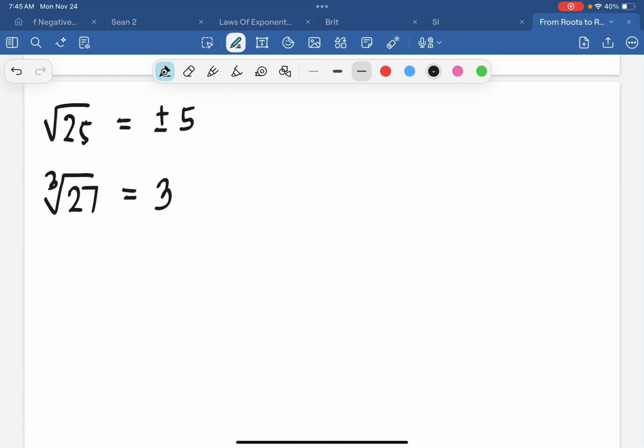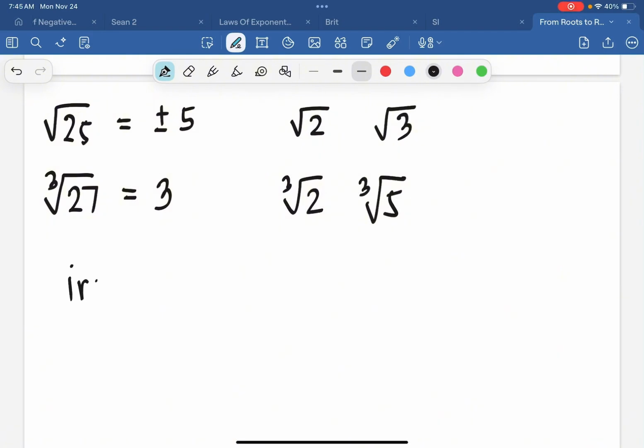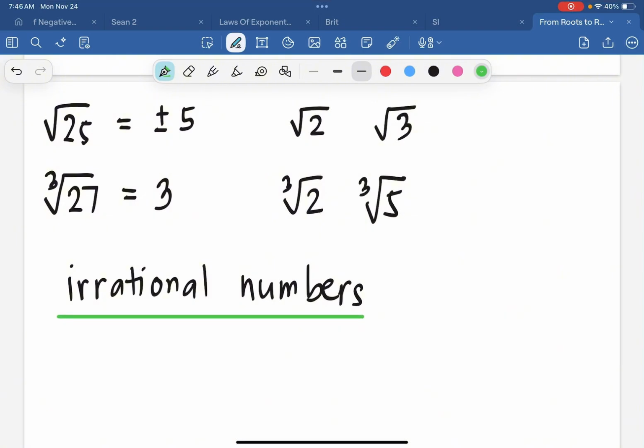While others are not perfect, like square root of 2, cube root of 2, square root of 3, cube root of 5, and other numbers. These non-perfect roots are examples of irrational numbers. Which leads us to today's lesson.